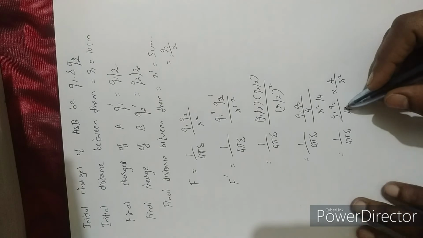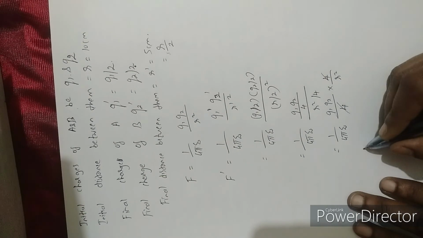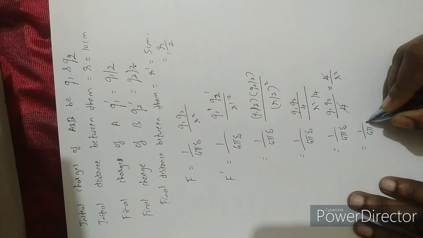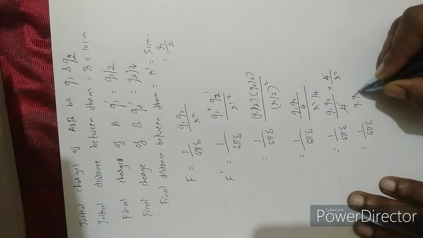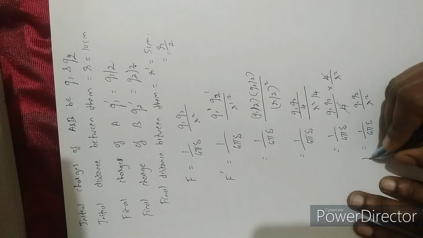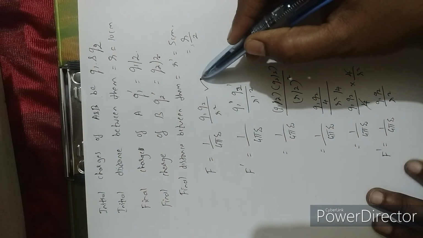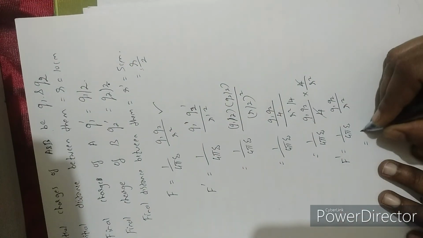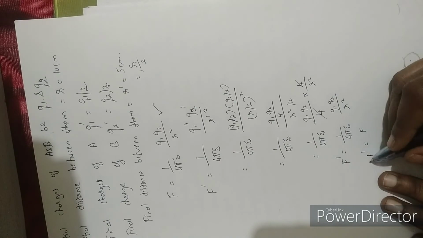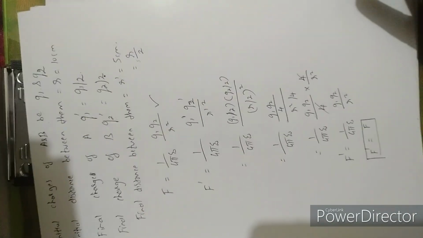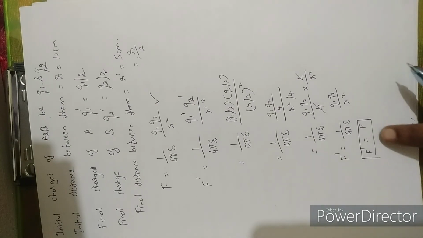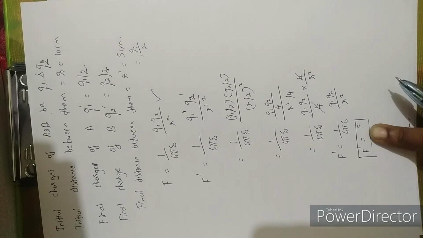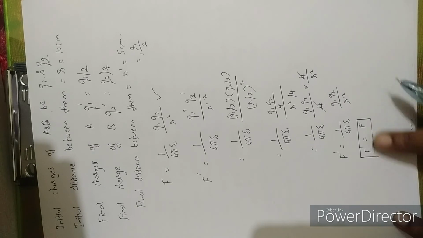Now 4 and 4 will cancel off and I will get 1 by 4 pi epsilon naught Q1 Q2 divided by R square. And what is this equal to? Nothing but your F. So we have found that F dash is equal to F. So when you touch the two spheres with uncharged spheres C and D, and when you halve the distance between them, the force remains the same.